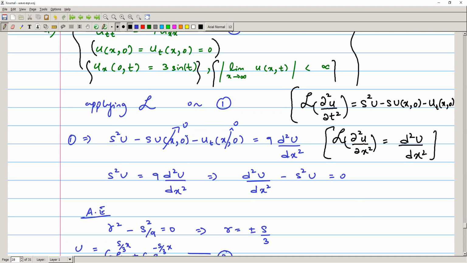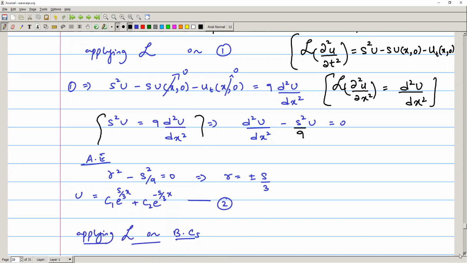U(x,0) is given as 0, and u_t(x,0) is also 0. Therefore, both of these elements are 0. We are left with s²U equals 9 d²U/dx², and then d²U/dx² minus (s²/9)U is equal to 0.